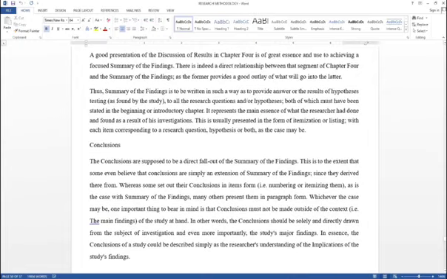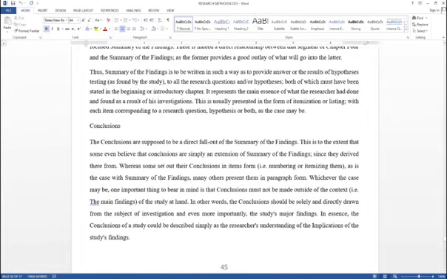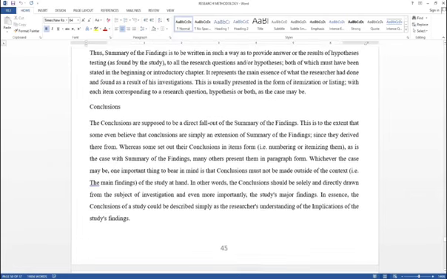The conclusion is supposed to be a direct fallout of the summary of the findings, because it's from the summary you're able to conclude. You don't just conclude if you don't have a good summary.